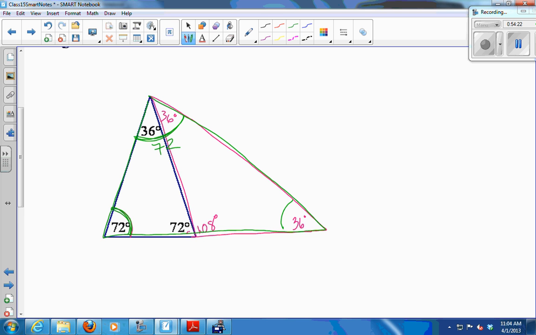So on one of my 72-degree angles, I'll do one more. On one of my 72-degree angles, make a straight line. This angle would have to be 108 to make a straight angle. On my 36-degree angle, copy it, 36 degrees. Extend these two lines until, oops, it doesn't seem like they're going to touch.